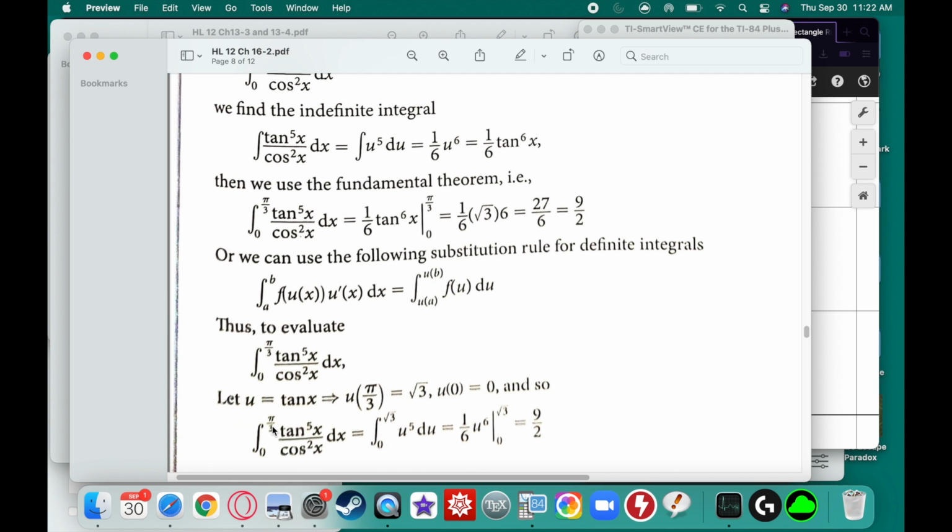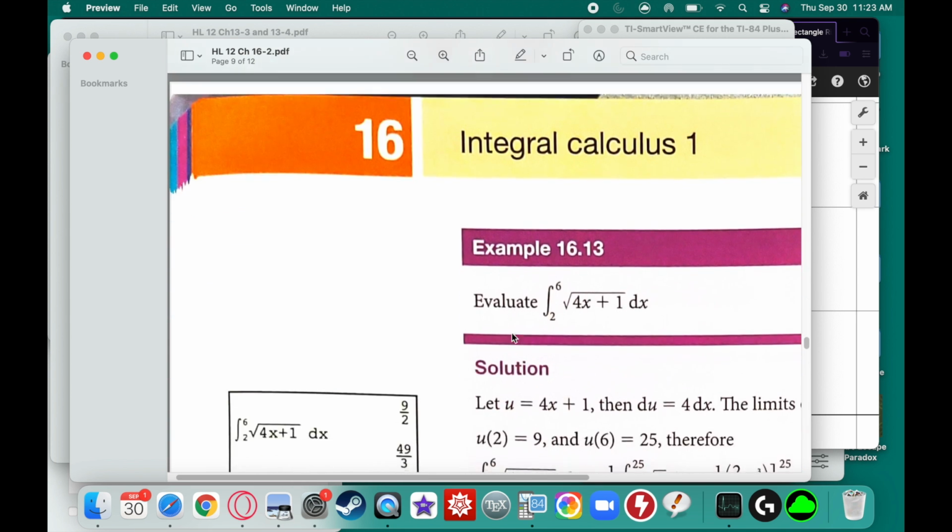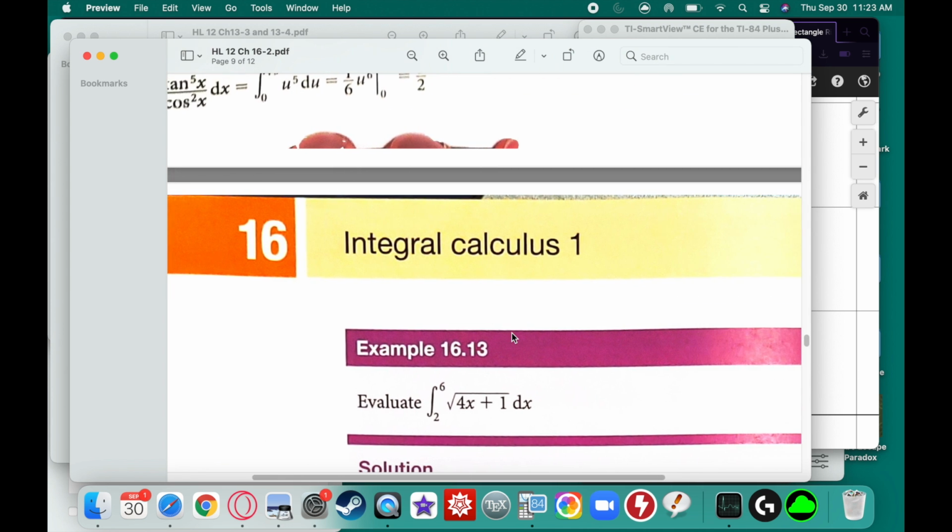So they actually change the upper and lower bound to something like this. In this case, it works out pretty okay. It's about the same amount of work. It's not what I normally do, but if you feel comfortable doing it with this way, that's fine. So u to the 5th power du, you would then say this is u to the 6 over 6. You'd evaluate it at the square root of 3 and at 0, and you get the same answer, 9 over 2. Either way is totally fine.